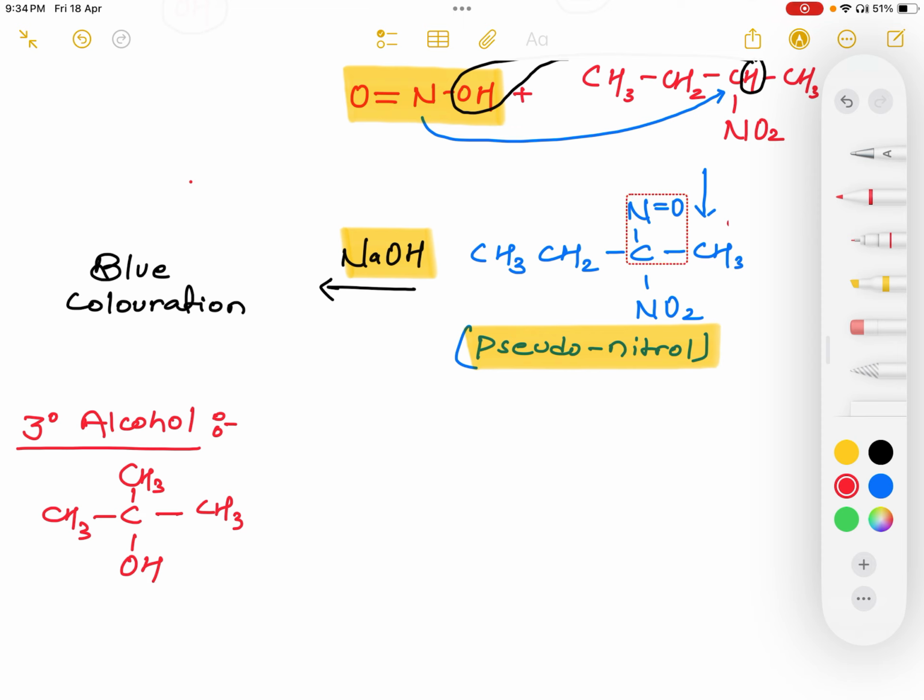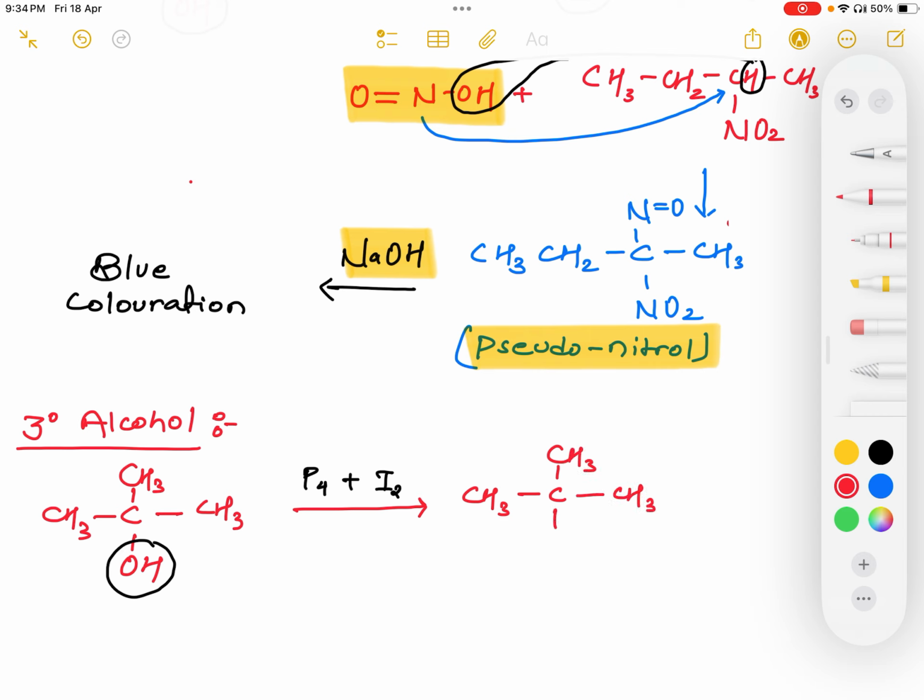So this is my 3-degree alcohol. The very first step you already know, we need to treat it with P4 and I2. So what will exactly happen? Again, this OH group will be replaced by I. So what will form? CH3, C, CH3, CH3, and here will be the attachment of iodine group I.